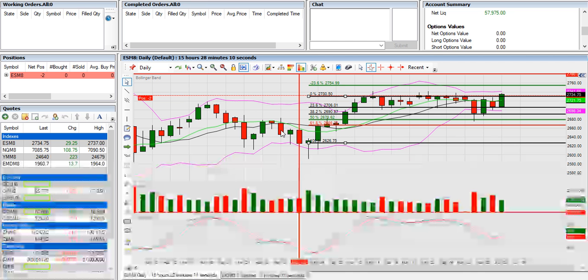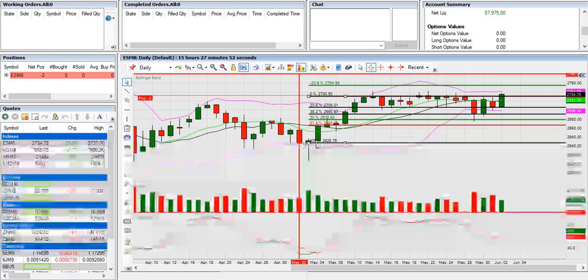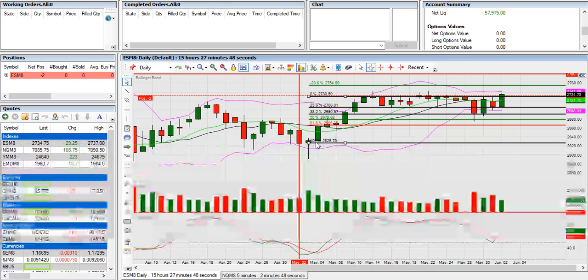So I made the choice to draw a long play. My low has been the same, roughly, all the way across, except for back here in March, I created a higher low. So my overall gauge of the ES futures contract is a long play.